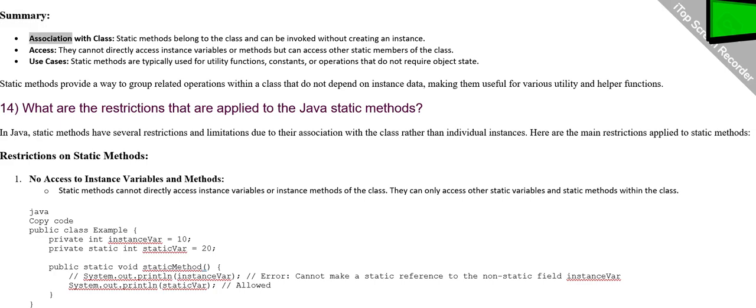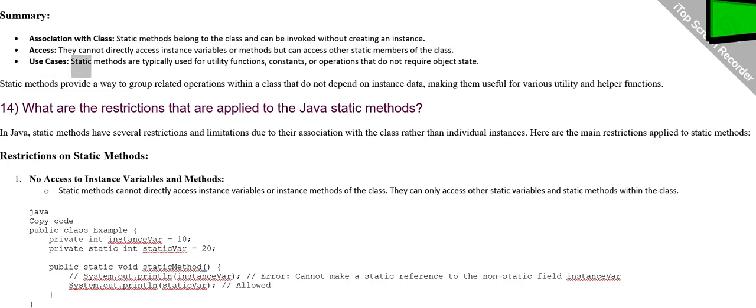Summary. Association with class: static methods belong to the class and can be invoked without creating an instance. Access: they cannot directly access instance variables or methods but can access other static members of the class.